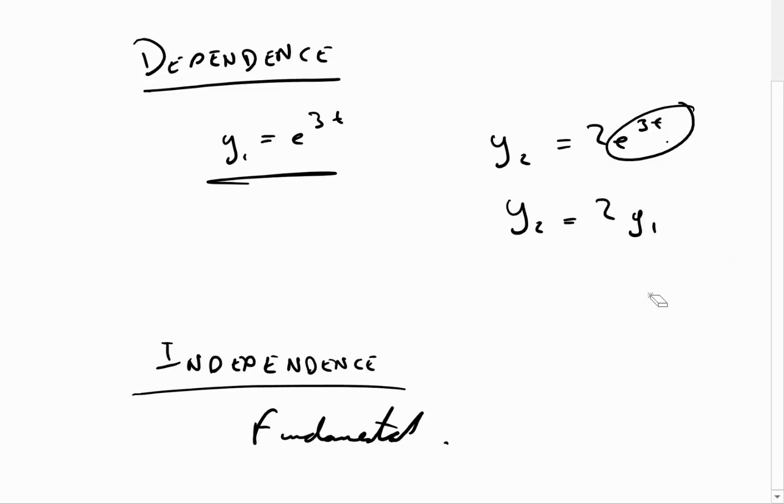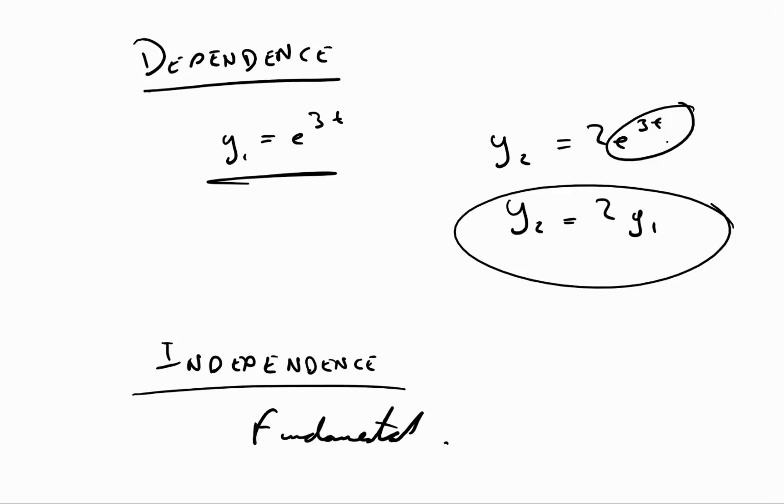So therefore they're not fundamental. Fundamental means they can't be broken down any further. If it's dependent, it can be broken down further. Whereas if it's independent, one solution is not written in terms of the other, so they cannot be broken down any further. This is the idea in your head, which I've introduced before, behind linear dependency and linear independency.